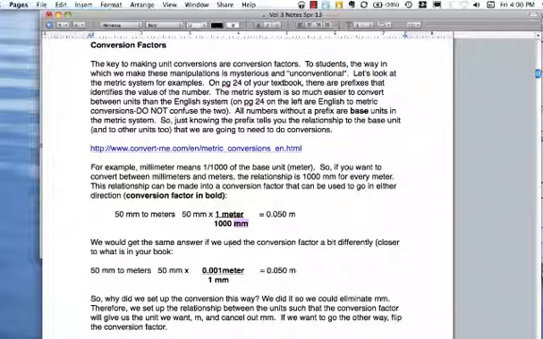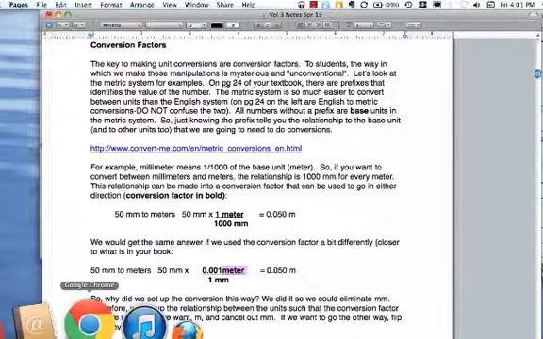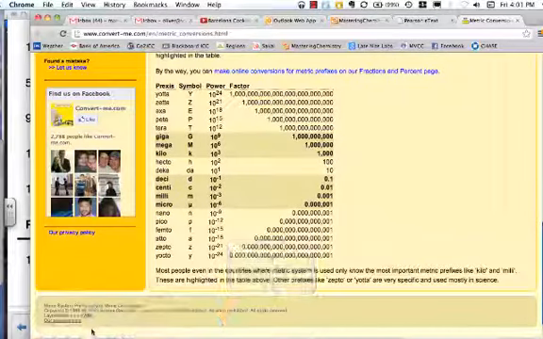If you want to use the book's table and the one online more literally, then take that column on the right, which says 0.001 meters for milli, and that stays with the meter. Whatever number is here on the right in this table stays with the base unit.